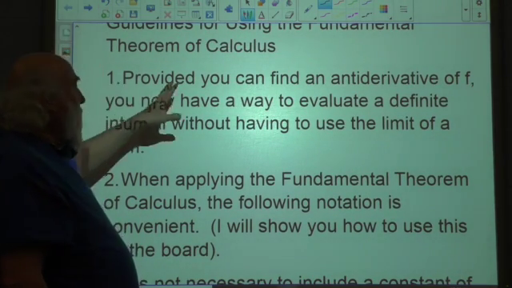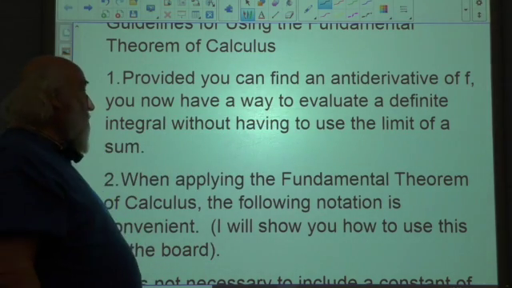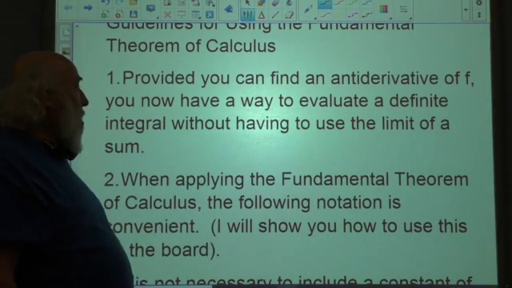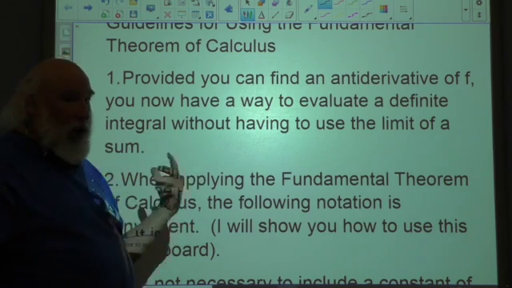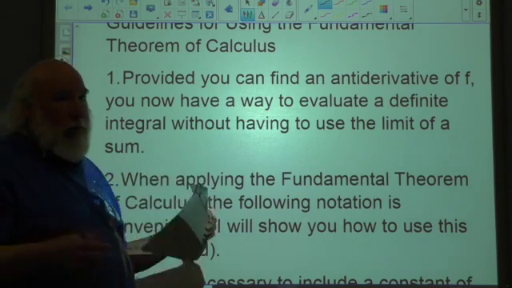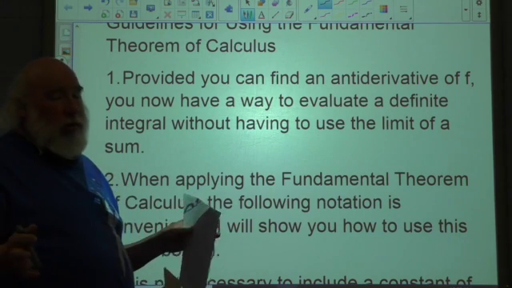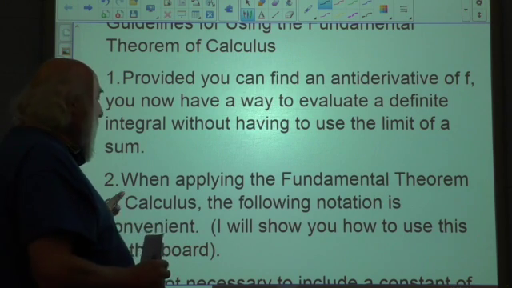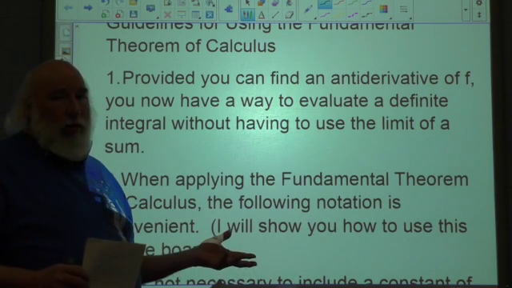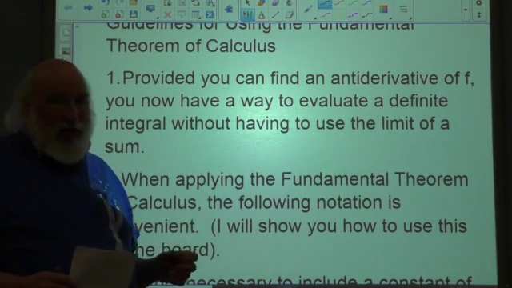First one says, provided you can find an antiderivative of f, you now have a way to evaluate a definite integral without having to use the limit of a sum. So we did all that work with sums and limits, which were helpful in understanding where we got to this. But now we can use the fundamental theorem of calculus to get an exact figure right off the bat.